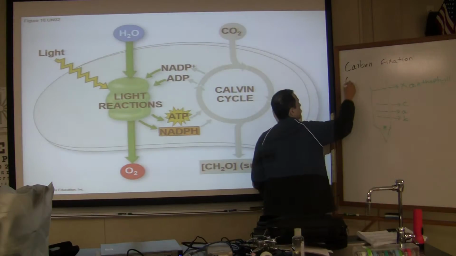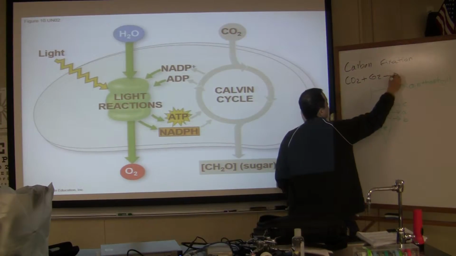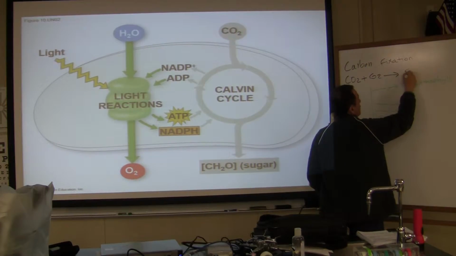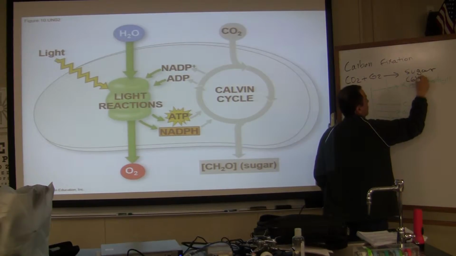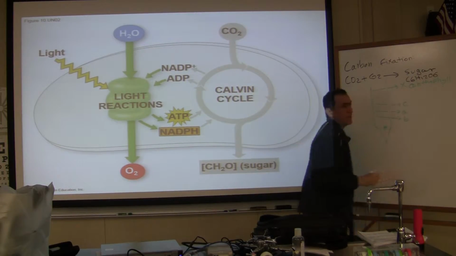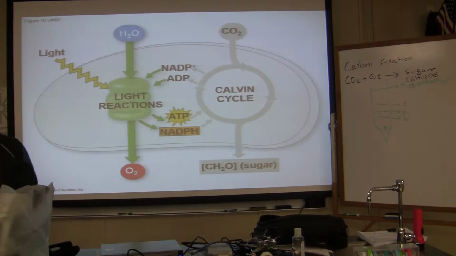Carbon fixation is when you are putting carbon dioxide together, and eventually you get a sugar molecule, which is C6H12O6. Am I making some sense? That is carbon fixation. For carbon fixation, of course, you need ATP and NADPH.